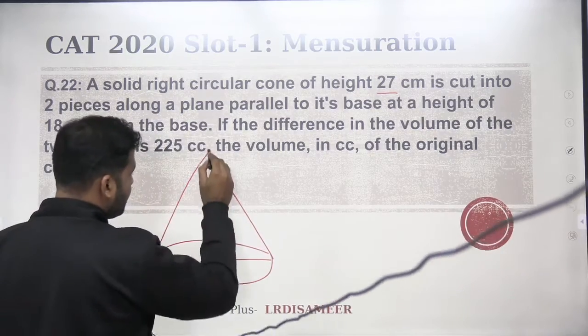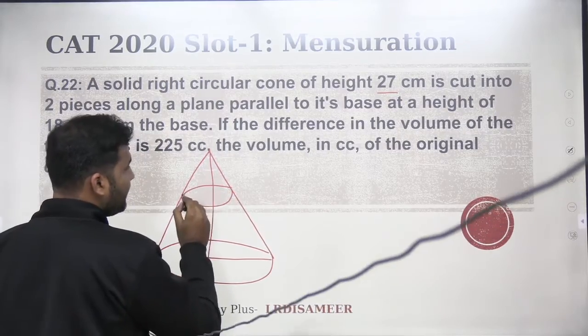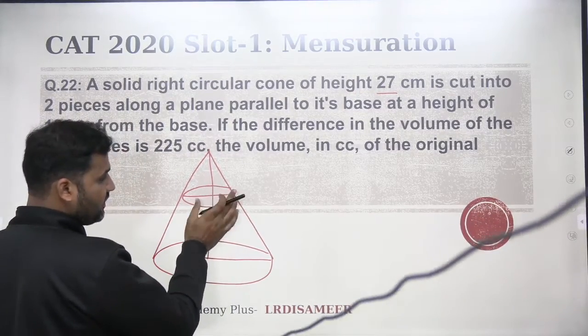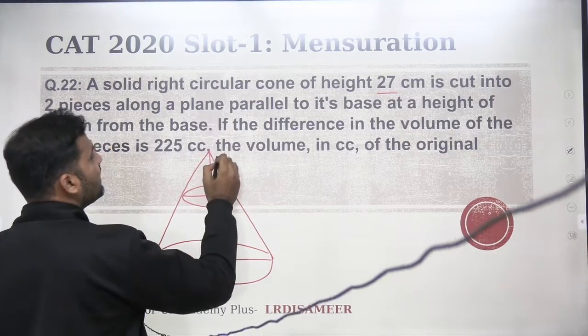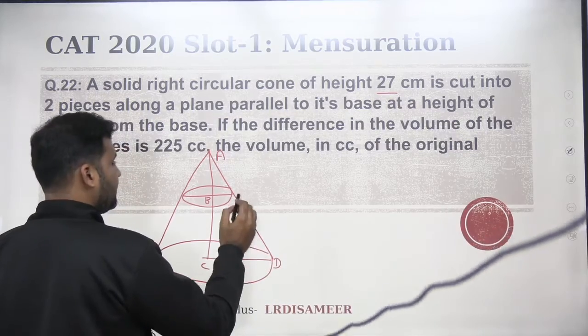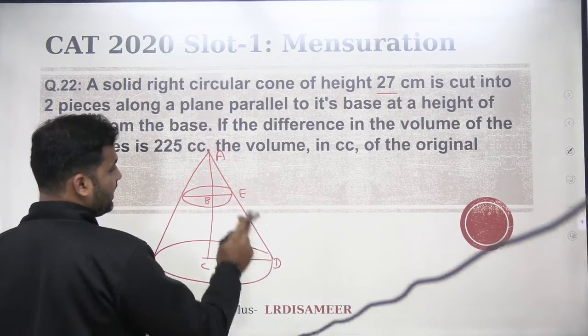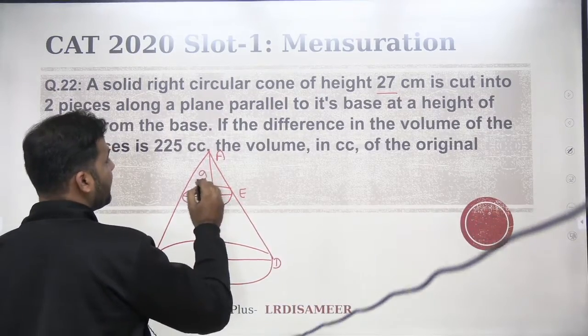And at a height of 18 centimeter, you are cutting the cone with a face which is parallel to this base. That means if this complete height is 27, this would be 18. So if this is 18, this would be 9.